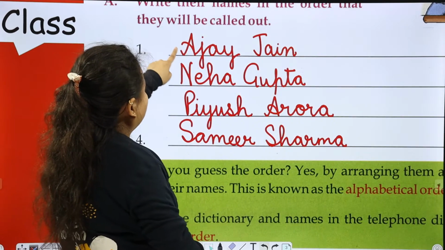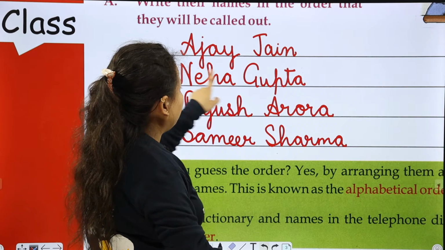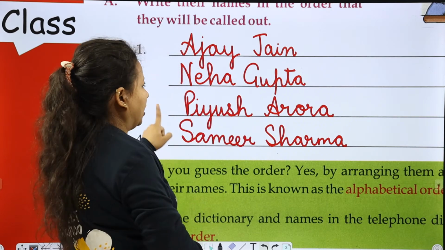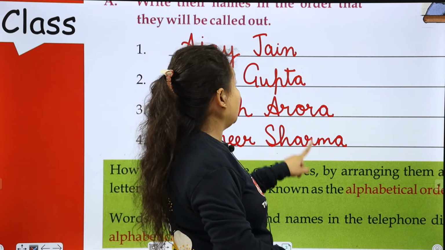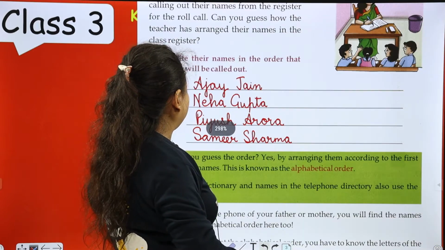So, Ajay Jain A, Neha Gupta N, Piyush Arora P, and next is Sameer Sharma. It means S. So, this is alphabetical order.